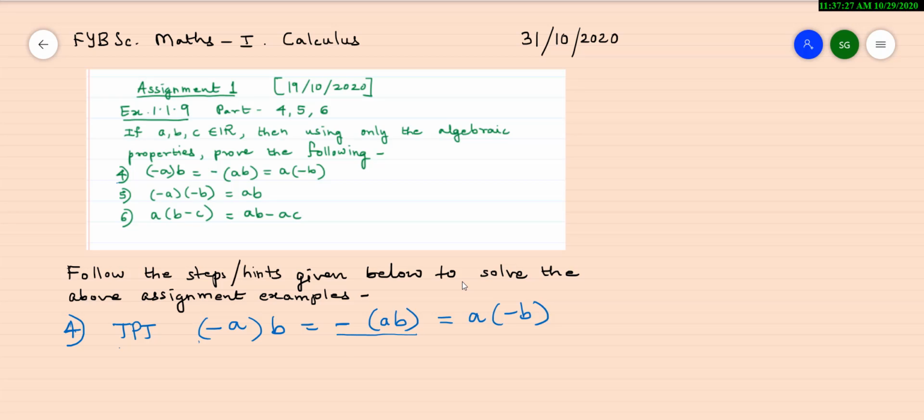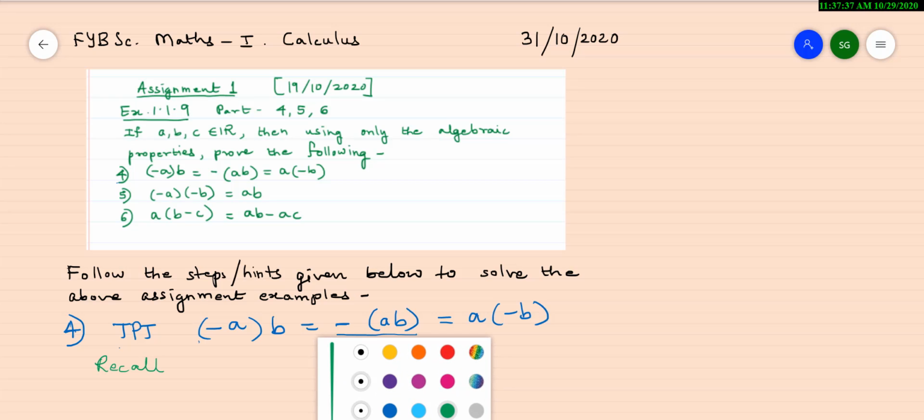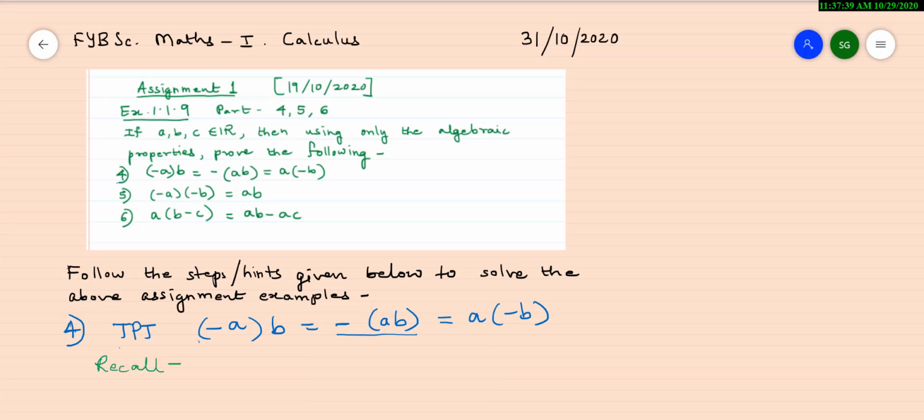Please recall that suppose you have a real number, say x, then the additive inverse of x is denoted by minus x.